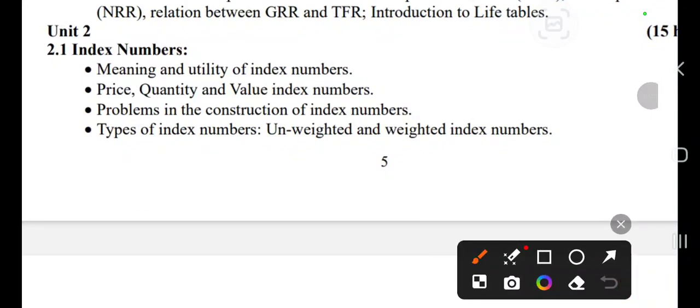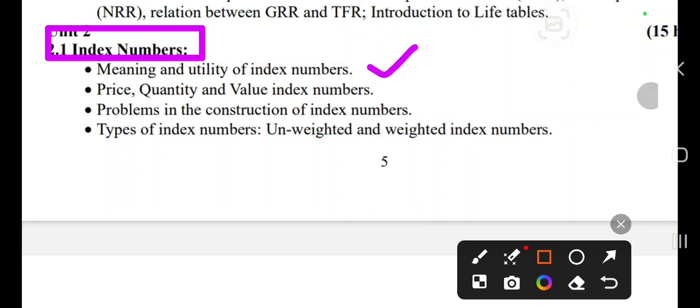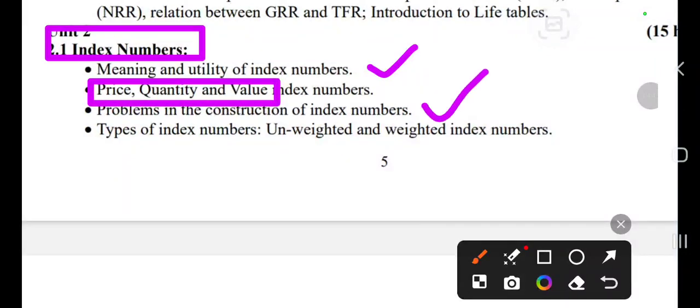Unit 2 is related with index numbers. In index numbers, we need to understand the use of index numbers and the types of index numbers: price index number, quantity index number, and value index number. What are the problems in the construction of index numbers, and the types of index numbers, weighted as well as unweighted.